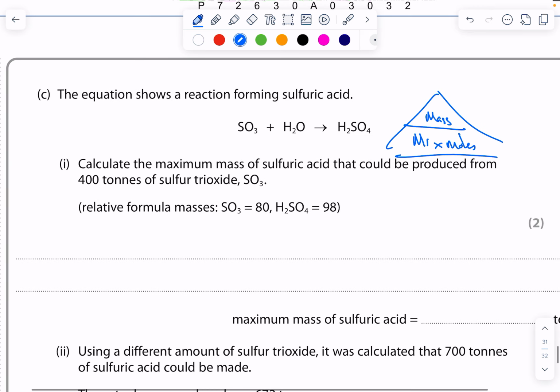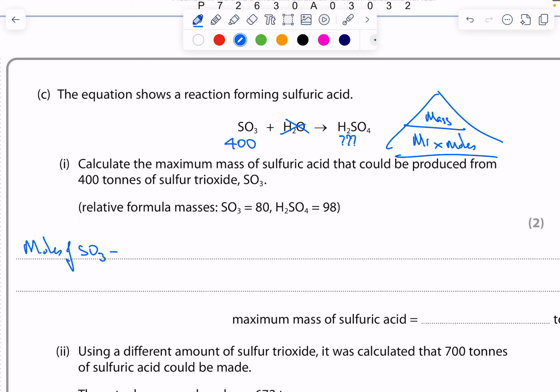Next one, calculate the mass of sulfuric acid. So I'm going to put some question marks underneath that. I want to find the mass of that, which could be formed from 400 tons of sulfur dioxide. What I'm going to do first of all is work out the moles of the sulfur trioxide.